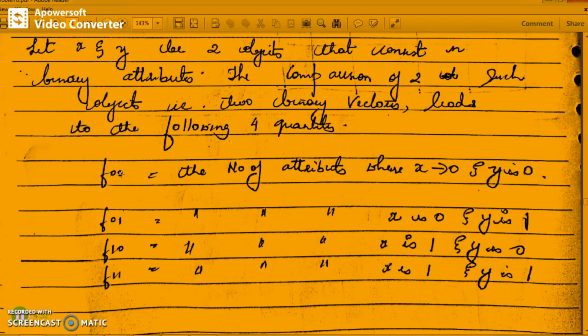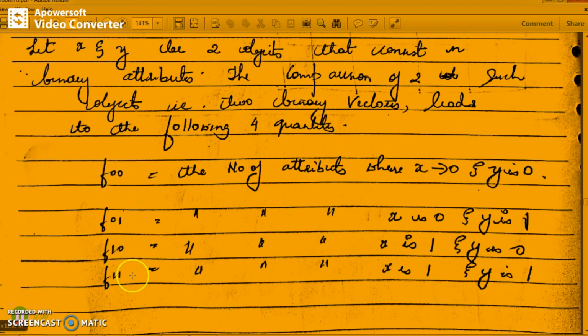You can call this absence of similarity, and you can call f11 presence of similarity. There is similarity, because 1 represents highly similar. When the two objects tend to be highly similar, you say that the value of similarity is equal to 1. So f11 represents presence of similarity, f00 represents absence of similarity.